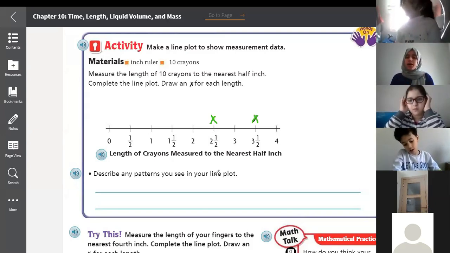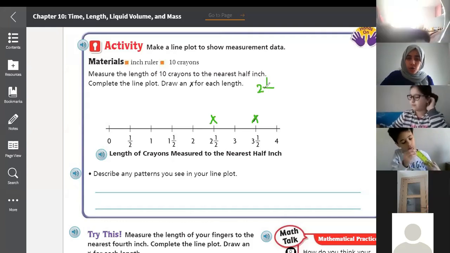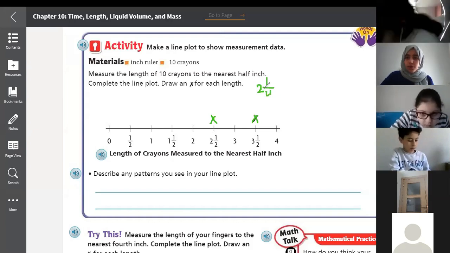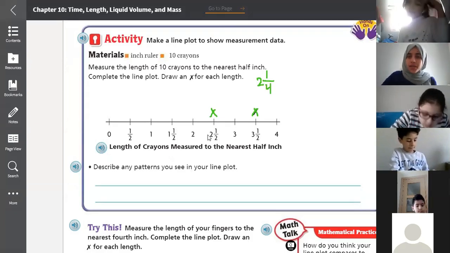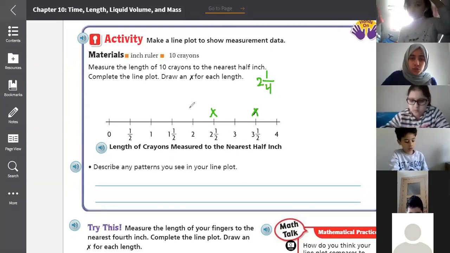So instead of saying 9/4, I can also say 2 and 1/4, right? I can say 2 and 1/4. So I don't have 2 and 1/4 here, but the closest thing I have to 2 and 1/4 is 2. So I'm going to put a mark on 2.